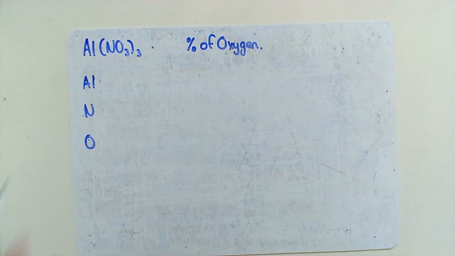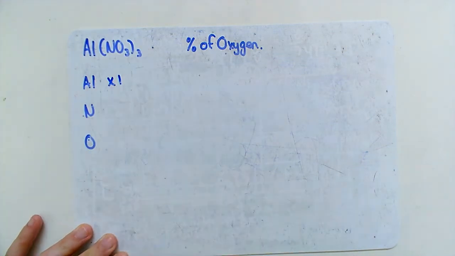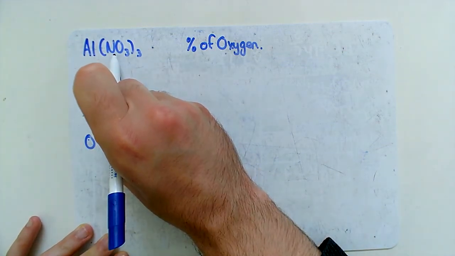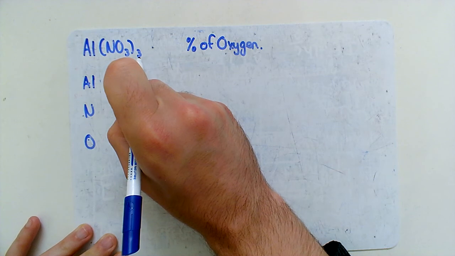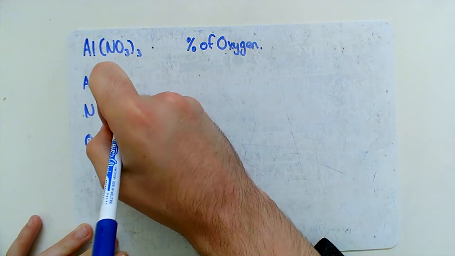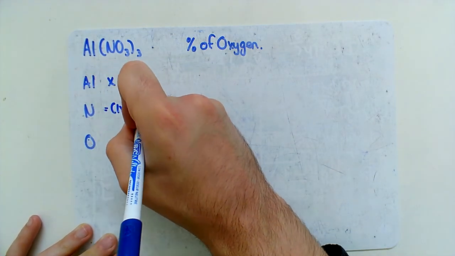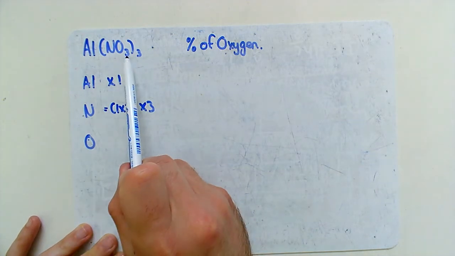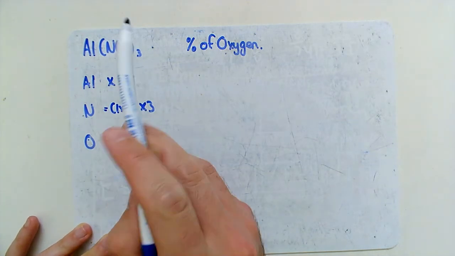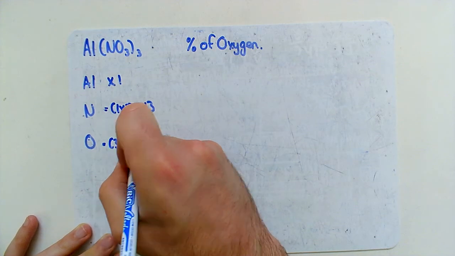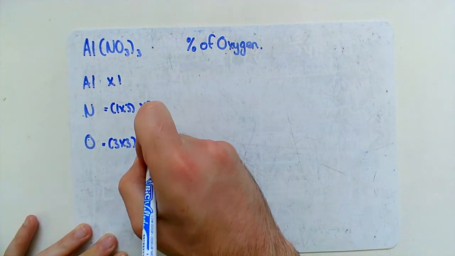Aluminium, no number after it, so there's one of it. Nitrogen, no number after it inside the bracket, so that means there's one, but there's a 3 outside the bracket, so that's 1 times 3, so I've got 3 of them. And oxygen, 3 inside the bracket and a 3 outside the bracket, so that's 3 times 3, which means it's times 9.